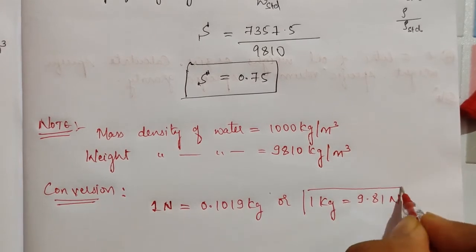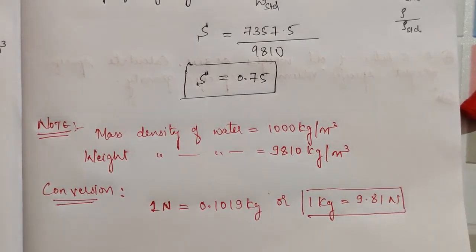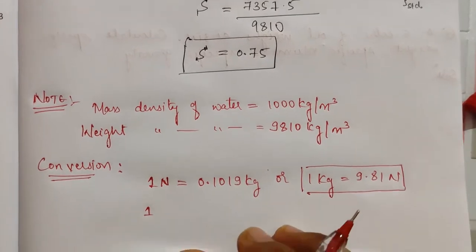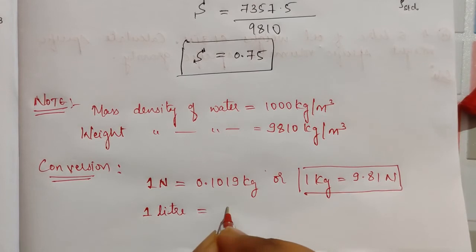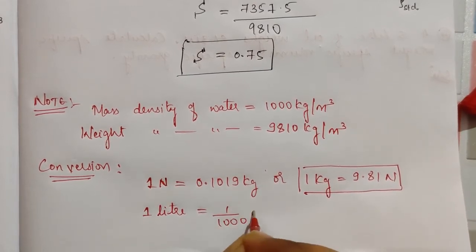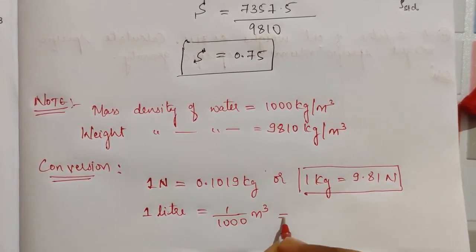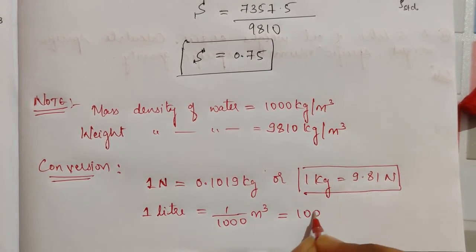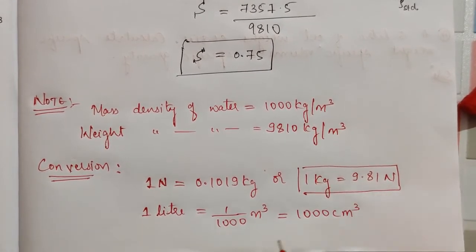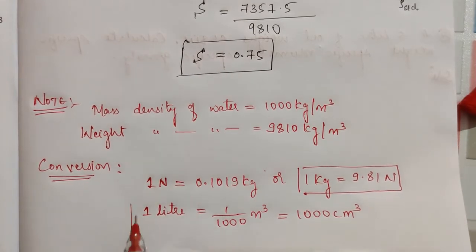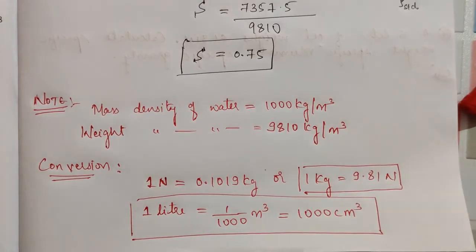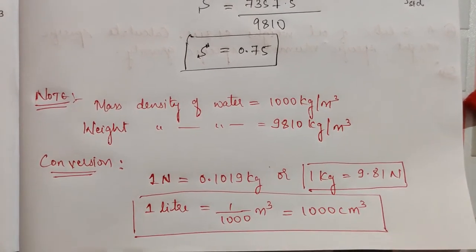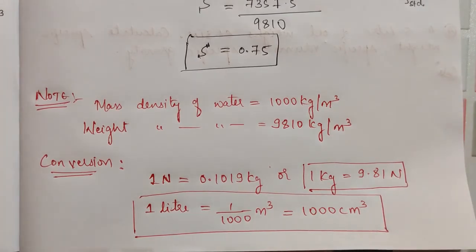We are familiar with this. And also, 1 liter is equal to 1 by 1000 meter cube, or it is 1000 cubic centimeters. Remember this. We will go to our next problem.